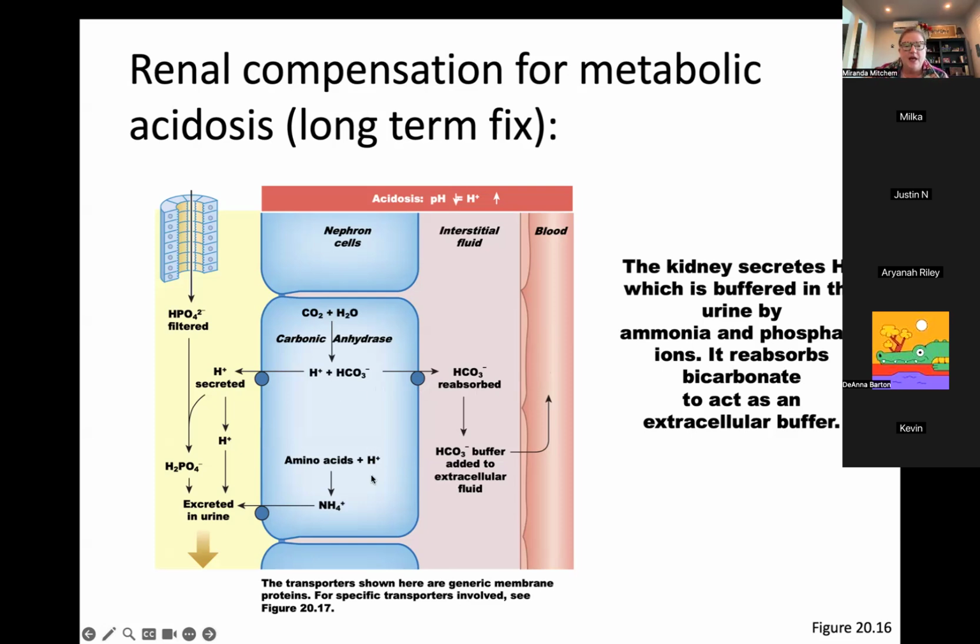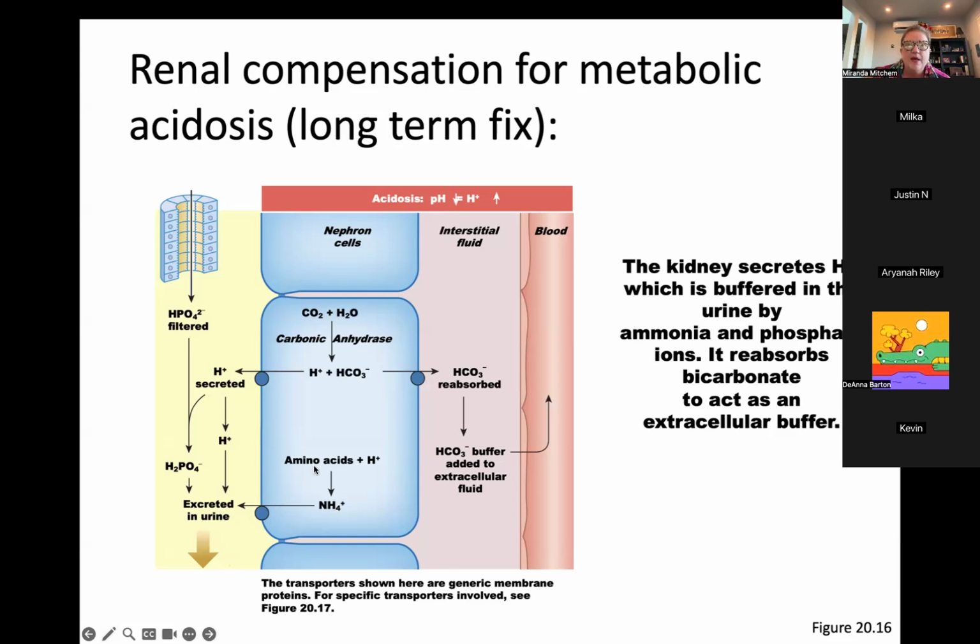Now, some of the byproducts of metabolism result in the creation of ammonia, it could be NH3 or NH4, but our amino acids can be added with the hydrogen ion on them to create ammonia. And then ammonia is secreted and then excreted through the urine.